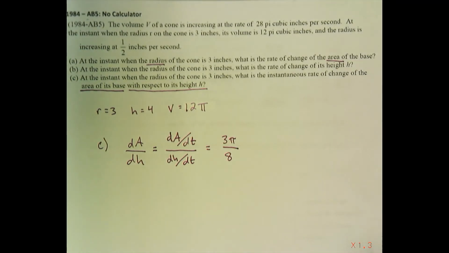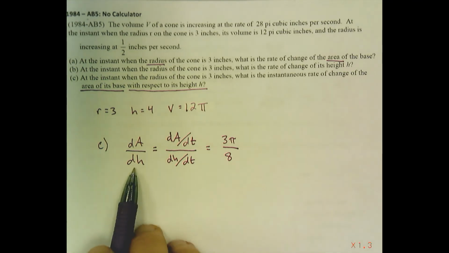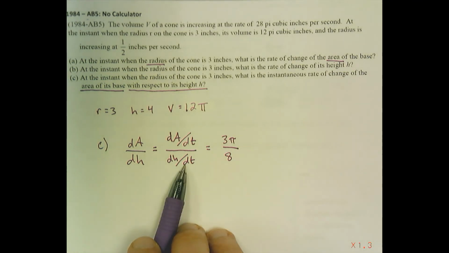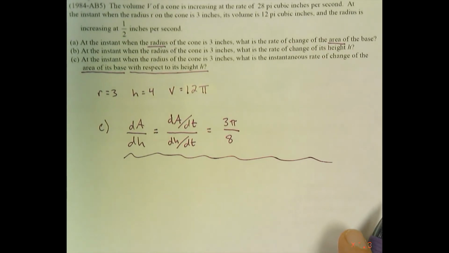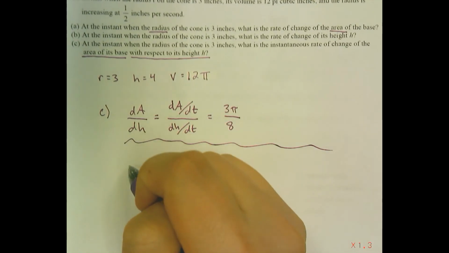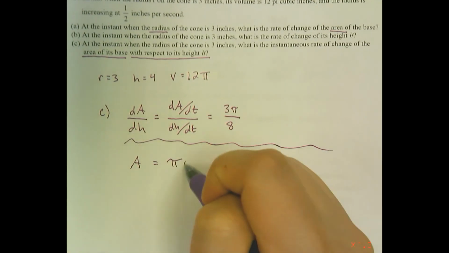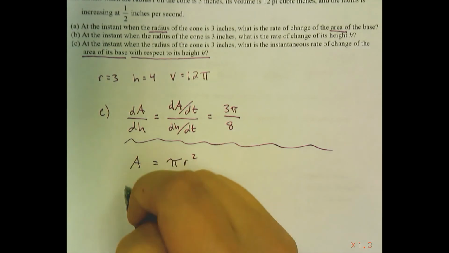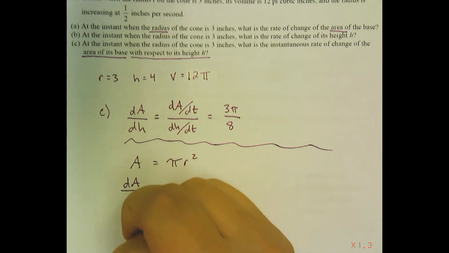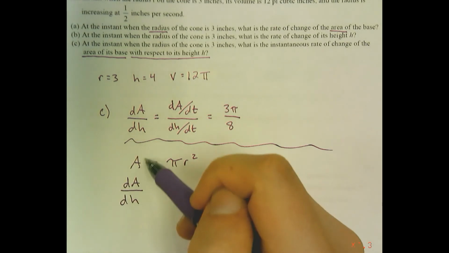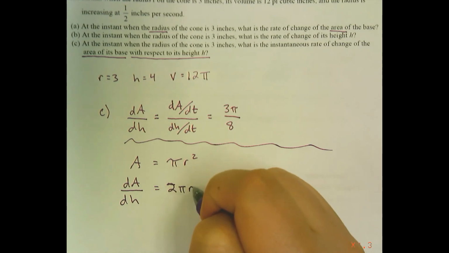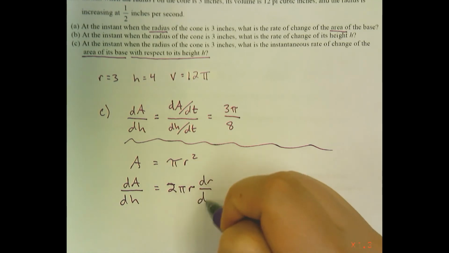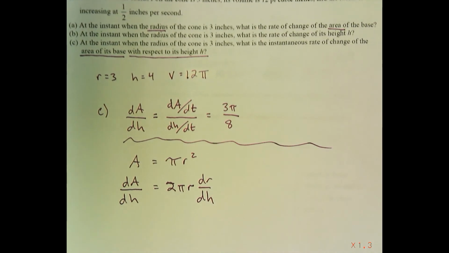Oh my gosh. Okay? It's a pretty big creative leap to go from here to here. But the alternative scenario isn't any easier. We have a relationship of A equals pi r squared. And if we were to take the derivative of this with respect to height, dA dH, we would get 2 pi r dr dH. We're taking the derivative with respect to height, so that's why there's a dr dH at the end.